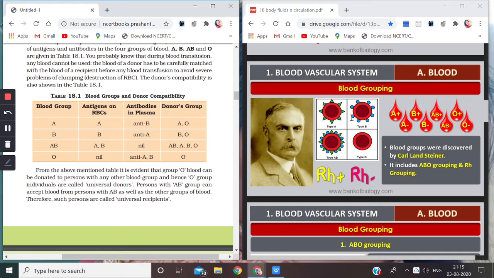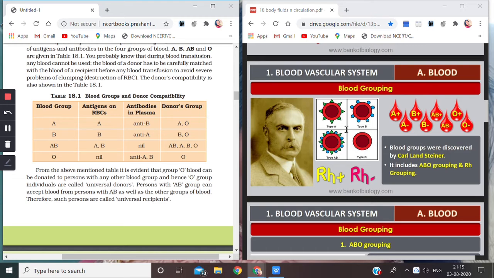Similarly, here they have given a circular shape on type B because the type of sugar present on the membrane of RBC is different from the one present on type A. And because this is type AB, you see both the shapes are present, triangular and circular, because both types of sugar are present on this kind of RBC. And here in type O, there is no sugar present on the RBC.